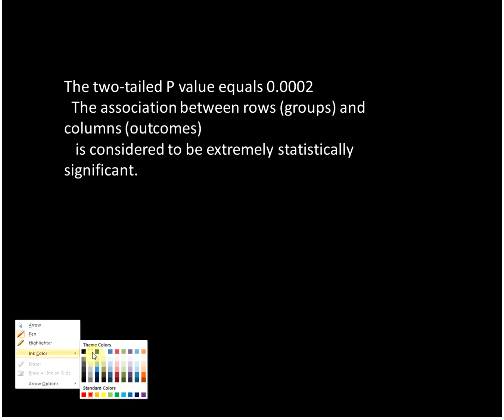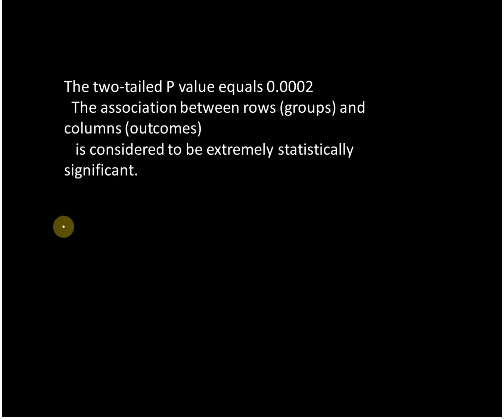It means that our p value, which is 0.0002, is much smaller than our critical significance level. Critical significance level, that was our alpha, which we set to 0.05.